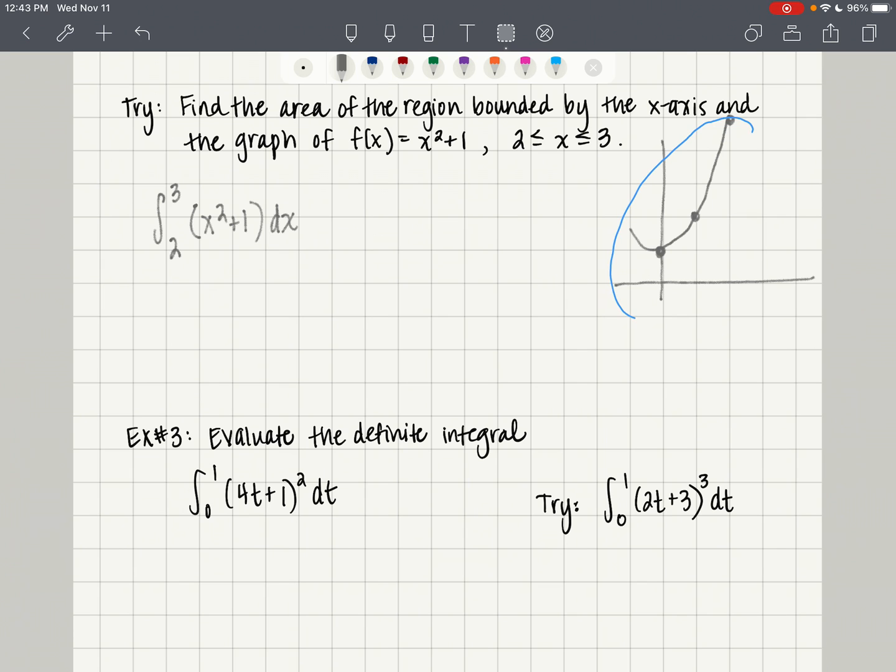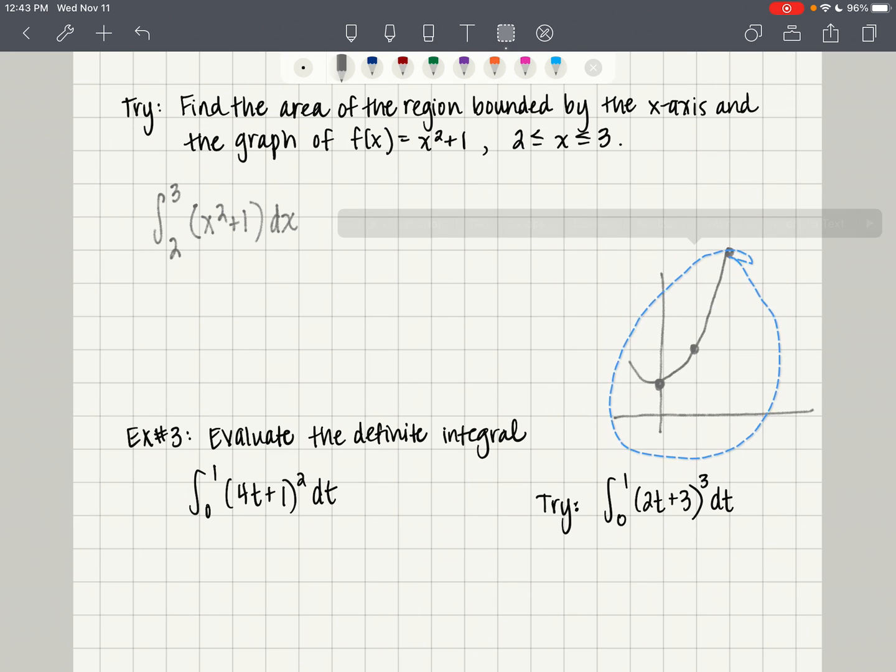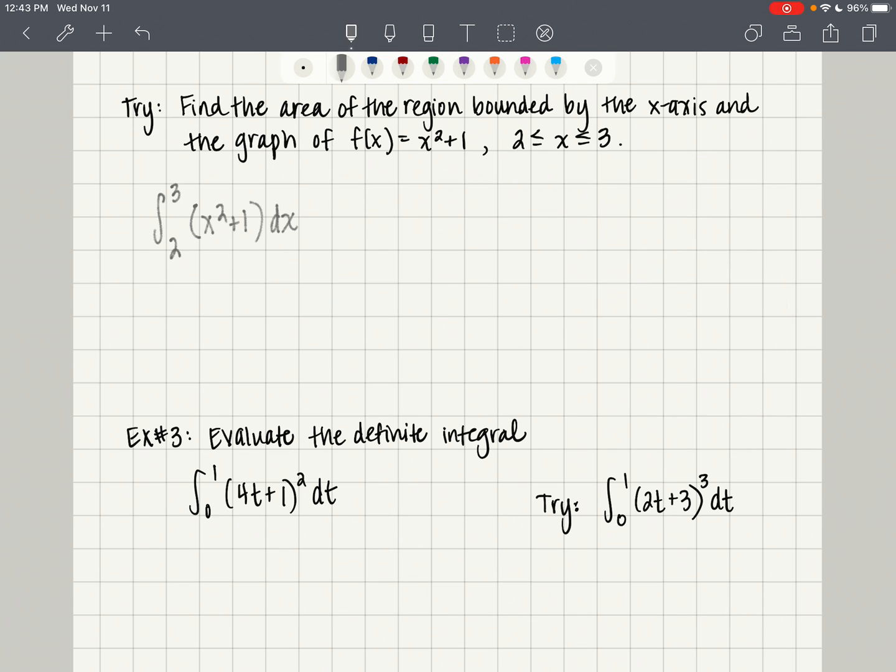I better move this parabola down there. There we go. So from x equals 2, 1, 2, 3, 4, 0, 1, 2, 5, and 3, 10.